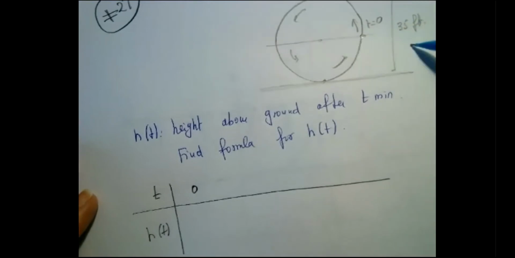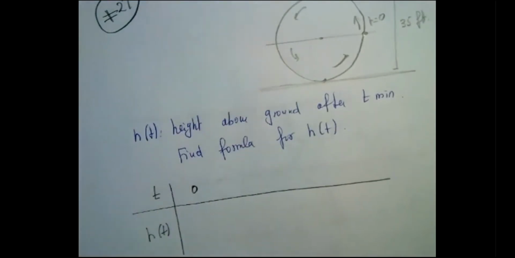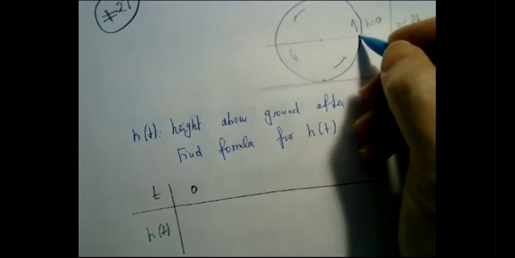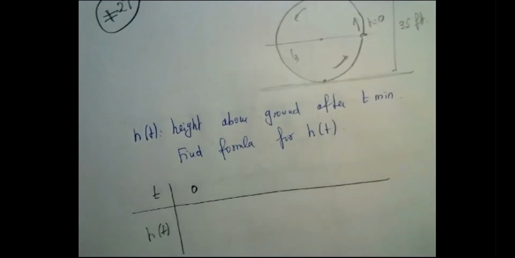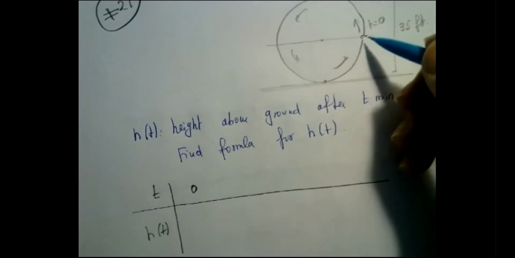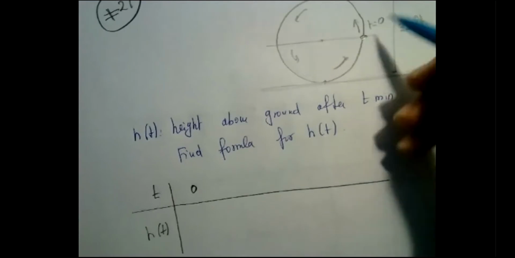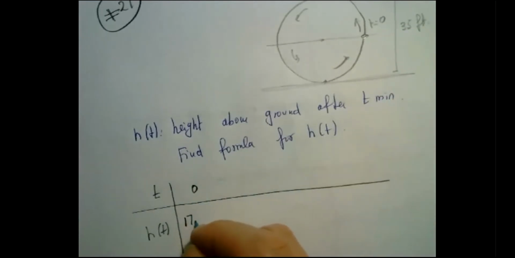So at t equal to 0, is it 35? Am I reading something wrong? Yeah, no, it's 17.5 because you're starting from here. They are telling you that at t equal to 0, you are at the 3 o'clock position. So that's going to be 17.5.